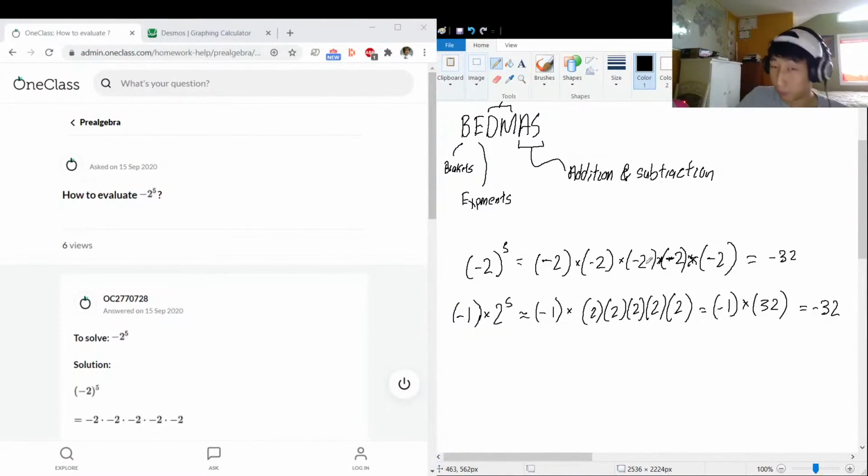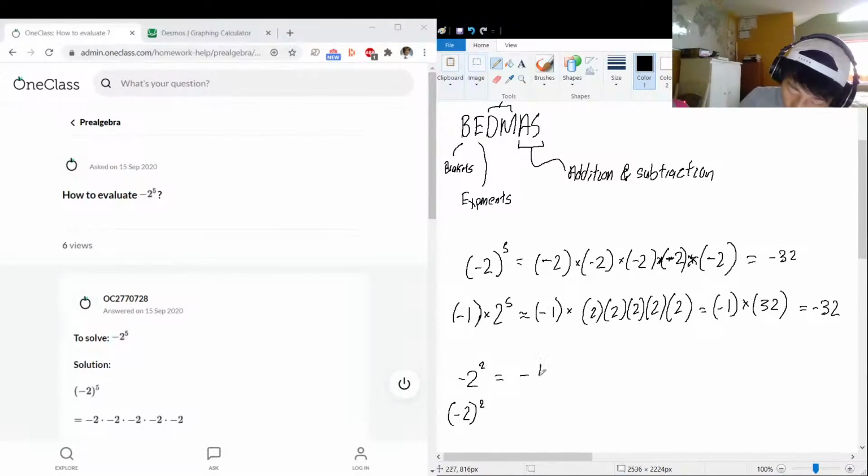But please do not think that this is the rule always. If this was to the power of 4 instead of to the power of 5, these would be different. That would be a positive number, and this would be a negative number. So I'll actually write that as an example. Let's say we have negative 2 to the power of 2 versus negative 2 in brackets to the power of 2.